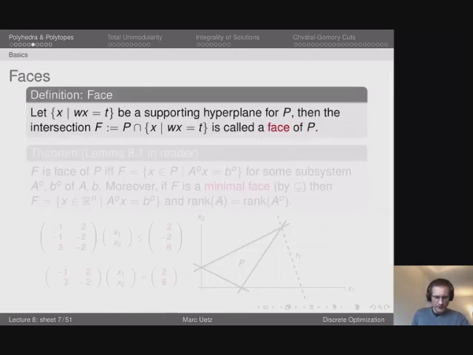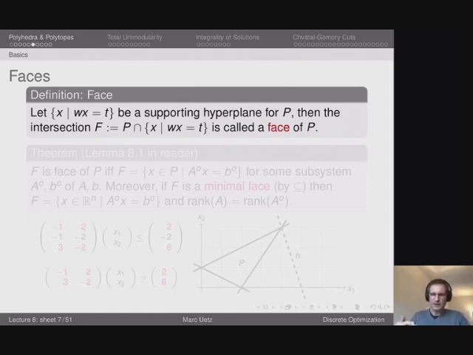So the definition of a face is you give me a supporting hyperplane of the polytope, and then this intersection, which by definition is non-empty because it's a supporting hyperplane, is called a face of the polyhedron or polytope.